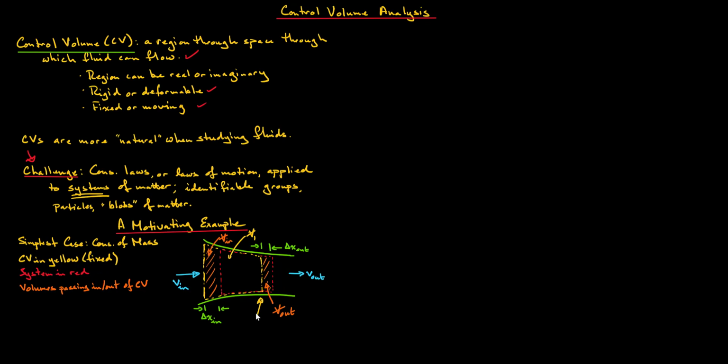And again, what we want to do is look at conservation of mass, and conservation of mass is applied to a group of particles. Okay, so let's assume that we have a group of particles that is identified by the red outline. As we can see, we have a group of particles that is passing through this nozzle, this contraction.